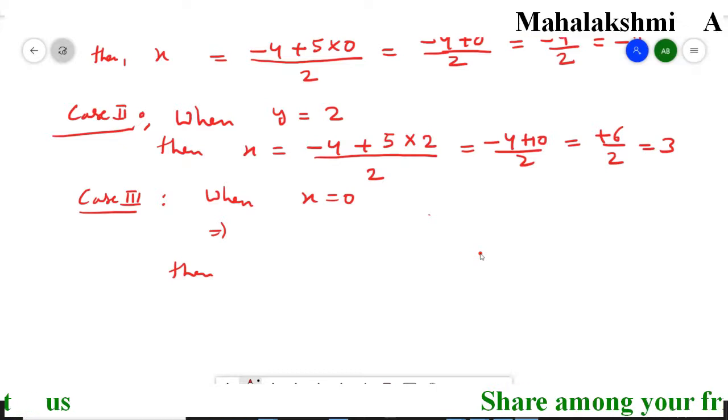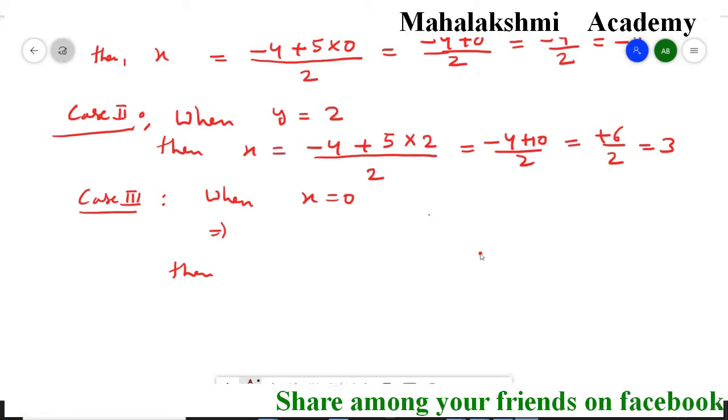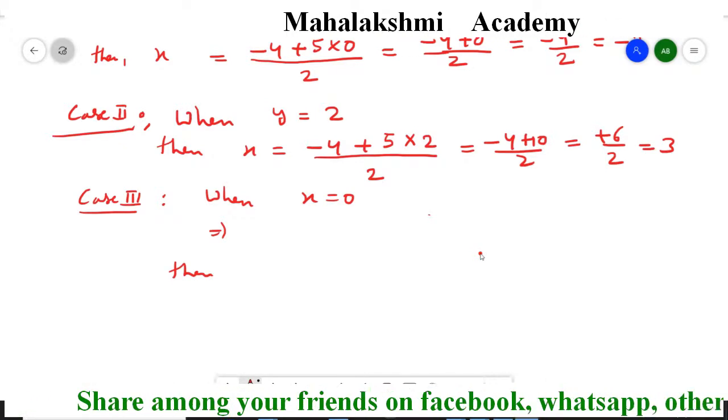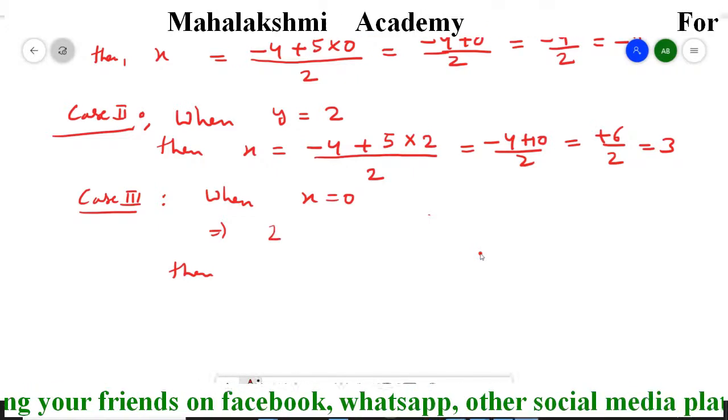If we take x equal to 0, that is beneficial for us, so that we directly get the coordinate in the coordinate table, instead of having to do it afterwards.